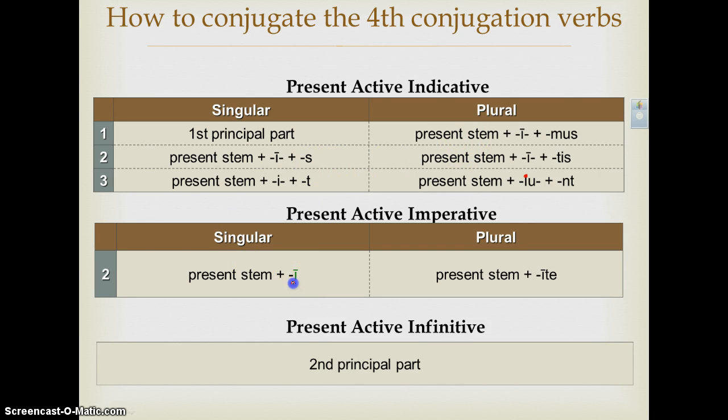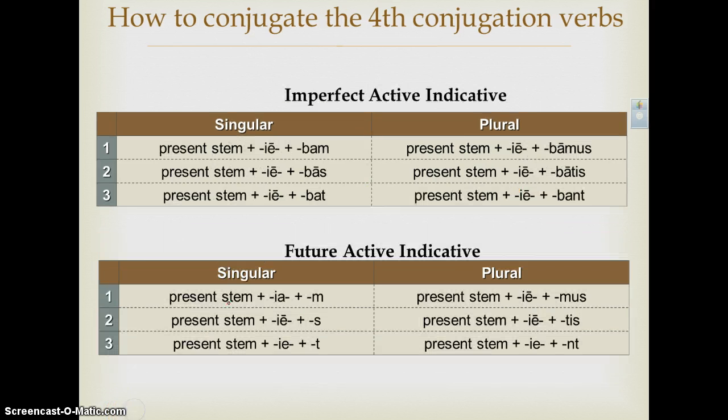But notice this important difference here, in that fourth conjugation verbs form the singular imperative with a long I, as opposed to the short E like third and third IO. So that's one of the two differences between the two. But aside from that, everything is exactly the same as the third IO.